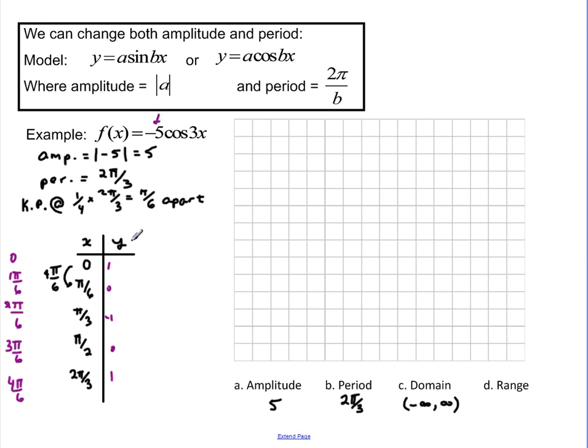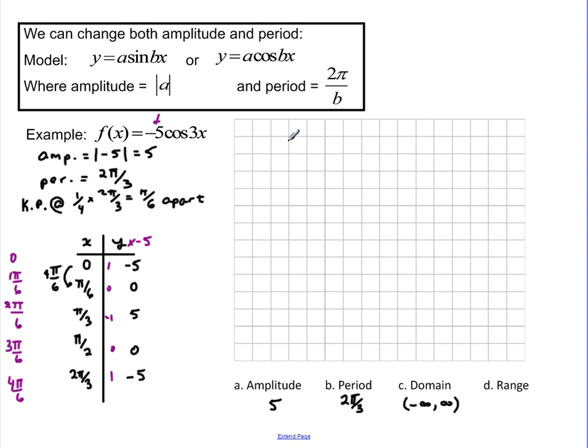So we multiply times -5 to get our new key point. So what's going to happen right here, our y values will be -5 when x is equal to 0, 0 when x is equal to pi over 6, +5 when x is equal to pi over 3, 0 again when x is pi over 2, and -5 when x is equal to 2 pi over 3.